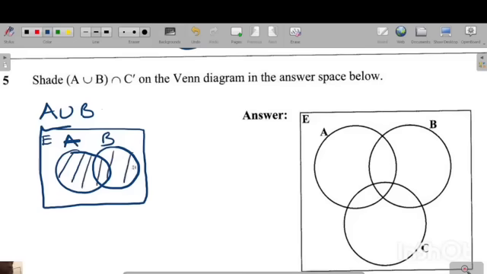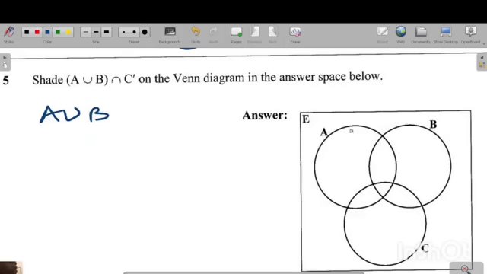All the elements that are making set A and B. A union B is this. Okay? This.